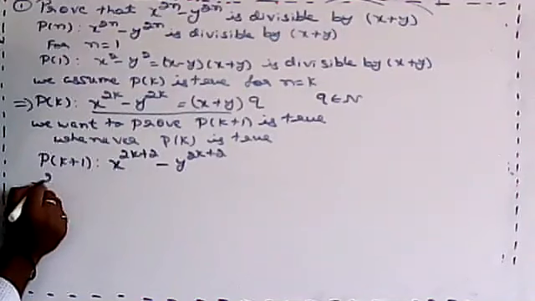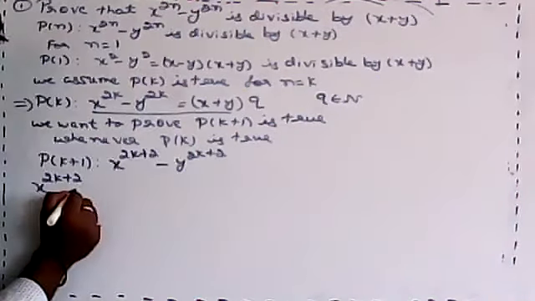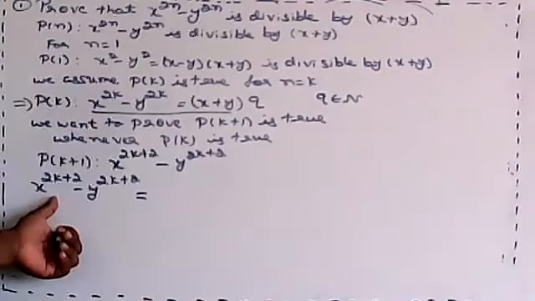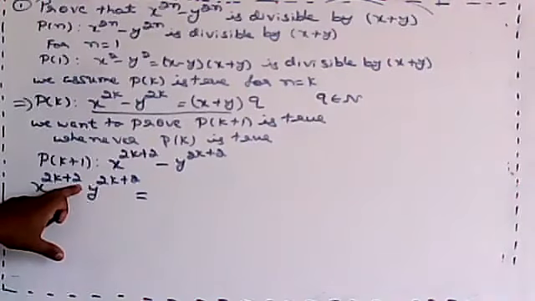See, x to the power of 2k plus 2 minus y to the power of 2k plus 2 is equal to, I'm going to apply here the laws of indices. Correct? a to the power of m plus n is a to the power of m into a to the power of n, no?